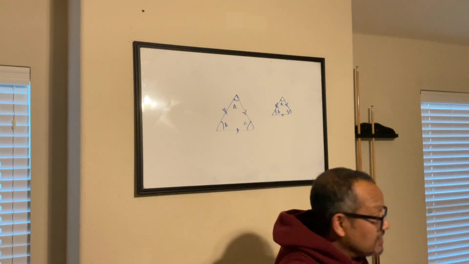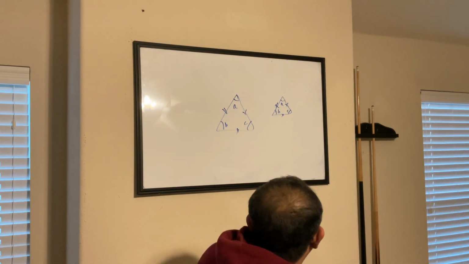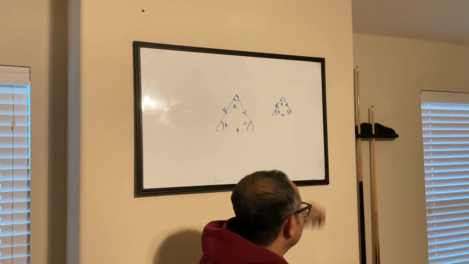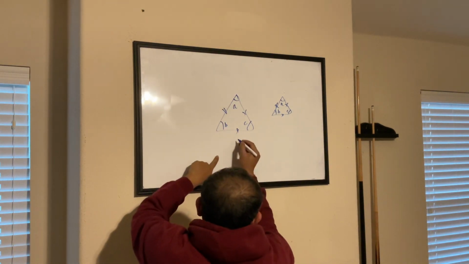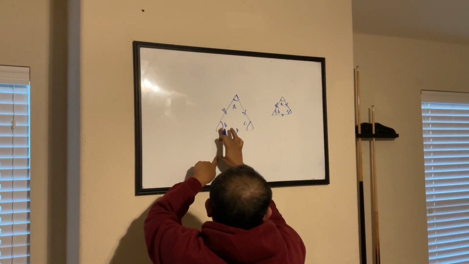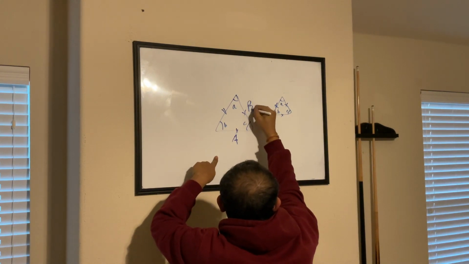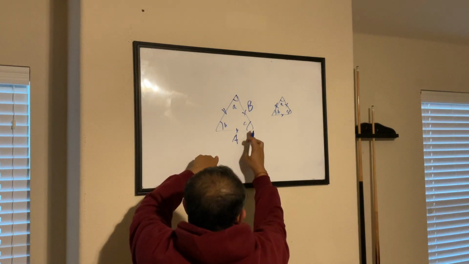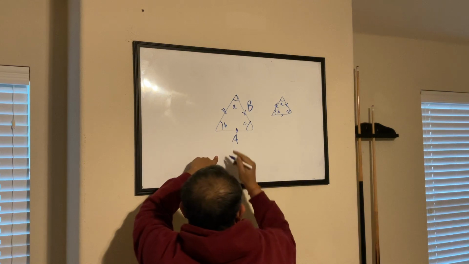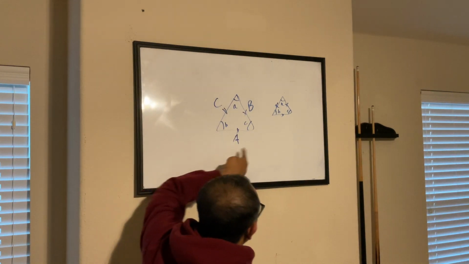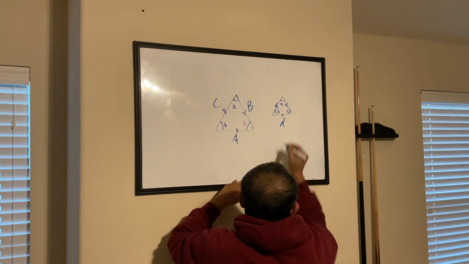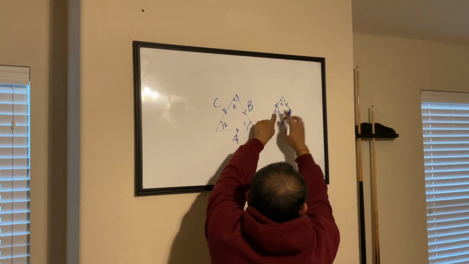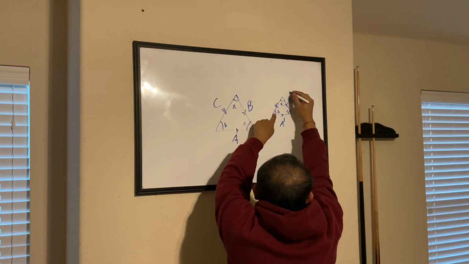Now, this is the concept which says if you have similar triangles, let's say this angle is A, the side opposite to that is A. This angle is B, the side opposite to that I am calling capital B. This angle is C, the side opposite to that is capital C. Here this angle is A, I am calling this A1. This is angle B, the side opposite to that is B1.